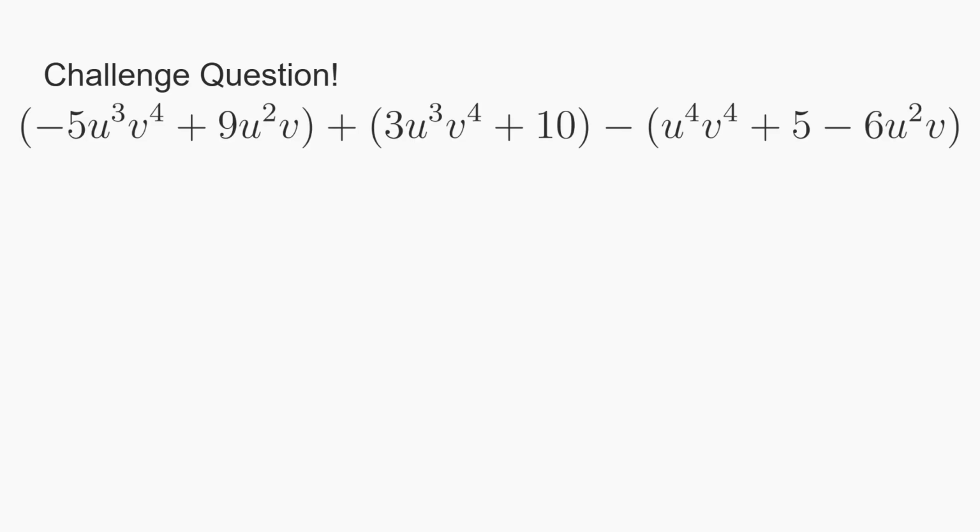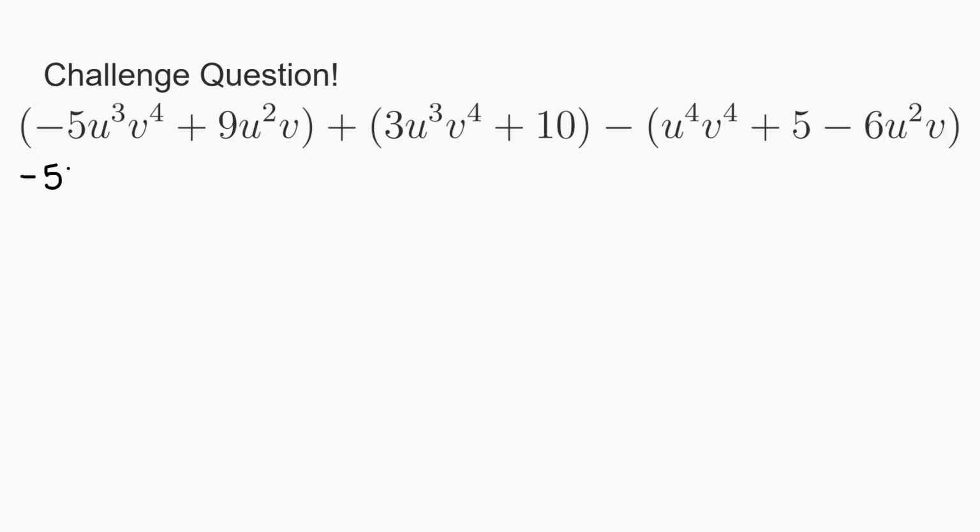Now, let's get started. So, here we're adding these two polynomials and we're subtracting this polynomial. So first, let's simplify, right? We want to distribute this out so we only have to deal with addition. So let's copy these two down first.